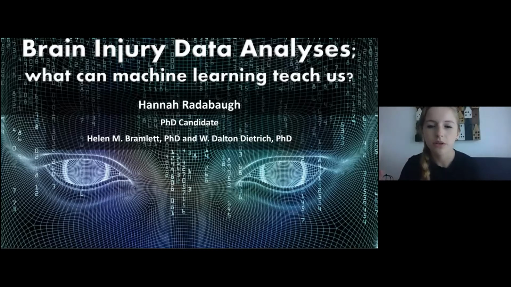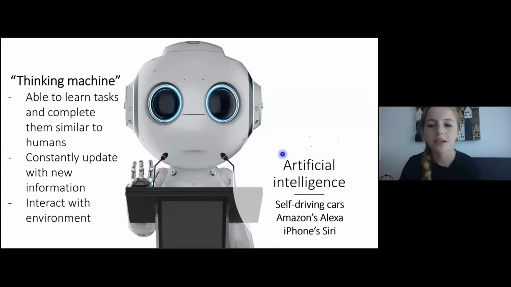And my work really focuses on recent advances in machine learning and how these may fit into the neurotrauma laboratory. So, briefly, machine learning is a subset of artificial intelligence, or AI. Now, I'm sure we're all familiar to some degree with AI, as these systems have actually integrated themselves into our lives in a number of ways, from self-driving cars, like with Uber, or even Siri.